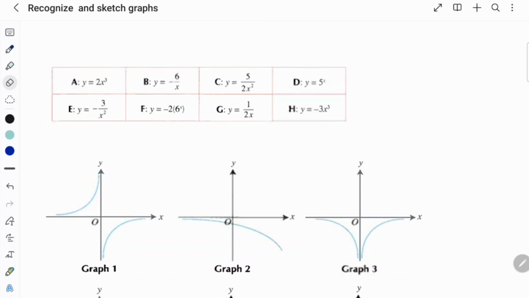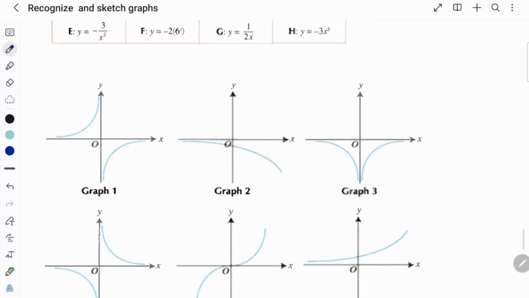Now this is y is equal to 2x cube, y is equal to minus 6 over x, y is equal to positive 5 over 2x square, exponential and all that. So we are just looking at all of them.